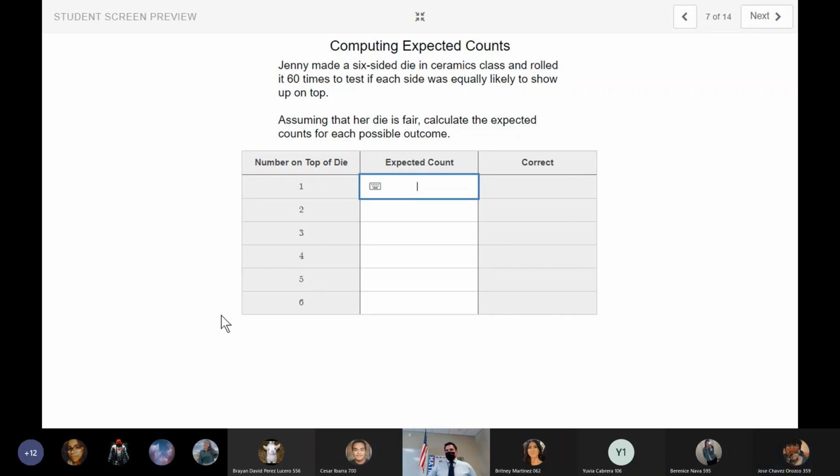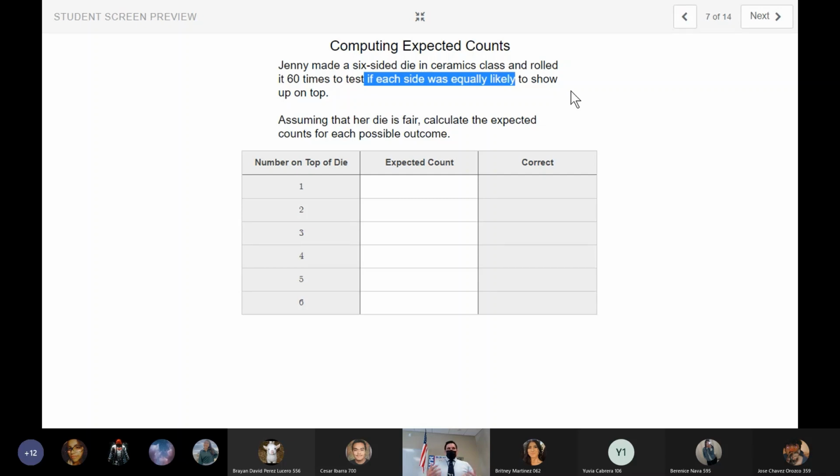Right, so it's the probability of each side showing up, right? We know that, though, the evidence, so to say, of that is that we're told if each side was equally likely, right? That's the part of this phrase that tells us 1/6 is what we can use. Each side has a 1 in 6 chance of showing up because it should be equally likely. That's what we're testing, right?